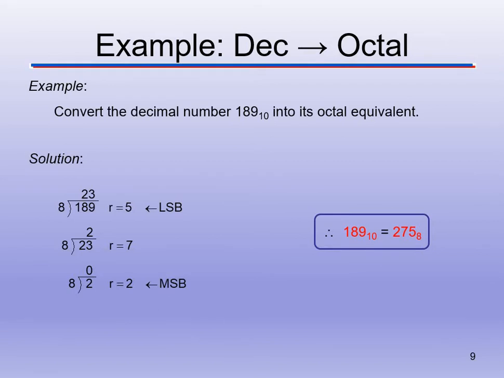Then we're going to take 23 and divide it by 8. 8 goes into 23 2 times. That's 16, right? 8 times 2 is 16. 23 minus 16 is 7, so our remainder is 7. And then I take 2 and divide it by 8. It goes in 0 times, so my remainder is 2. So that's my MSB. So I write this from MSB to LSB. So it's 275 octal.